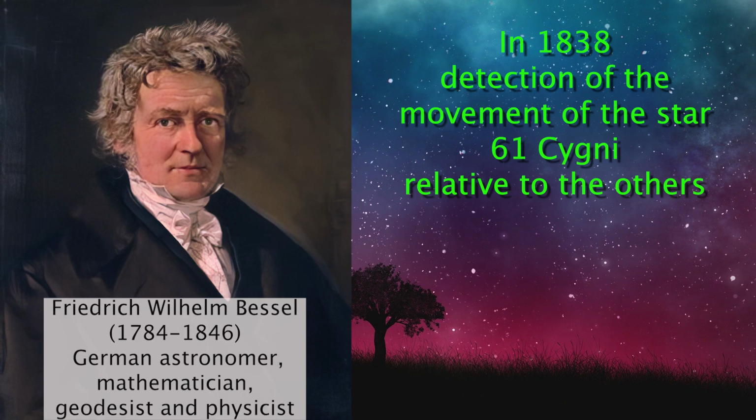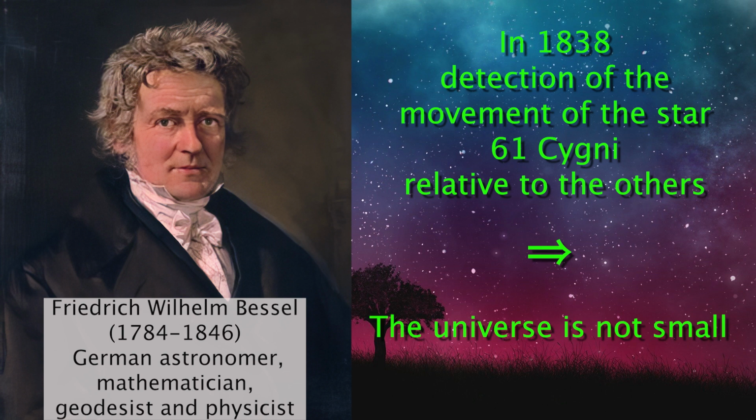It was when, in 1838, Friedrich Wilhelm Bessel detected the movement of a star relative to the others thanks to observations with a telescope that was far more sophisticated than any so far, that we could conclude that the universe was not small. This star is since then known as 61 Cygni.